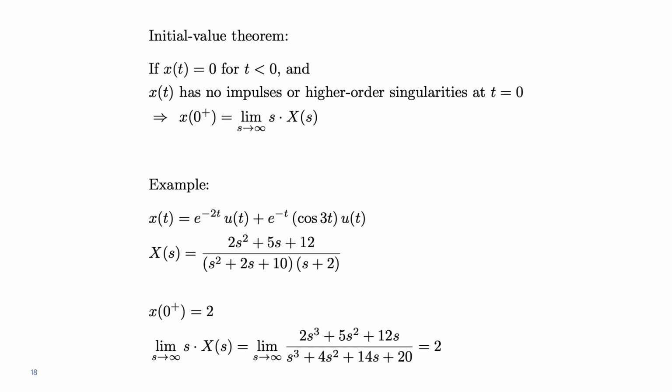Here we have an example for the initial value theorem. Let's assume that our signal is x of t equal e to minus 2t u of t plus e to minus t cosine of 3t u of t. We can calculate the Laplace transform of such a signal. We are able to do this already. How? Well, we know the Laplace transform of the first term, e to minus 2t u of t.